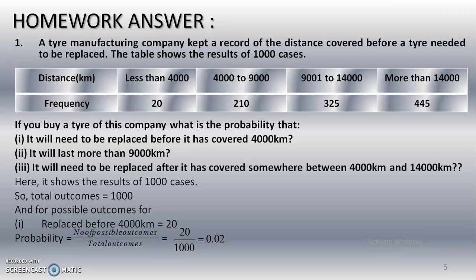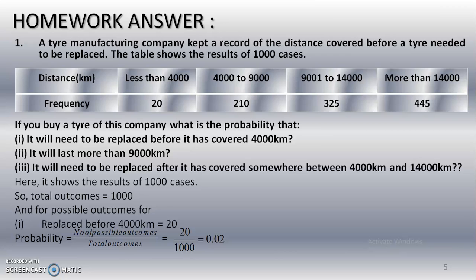Got it? And third question is, it will need to be replaced after it has covered somewhere between 4000 kilometers and 14,000 kilometers, meaning starting with 4000 and ending at 14,000.